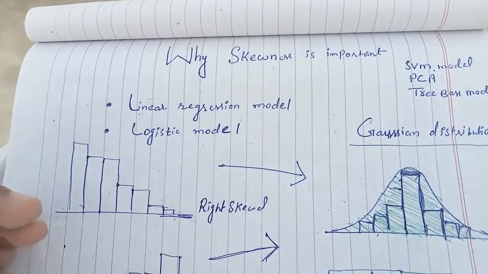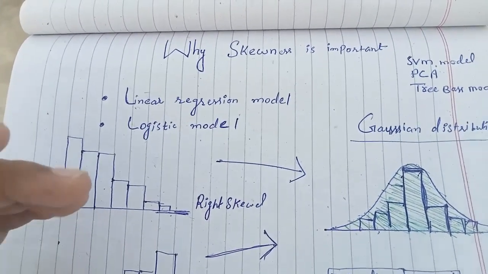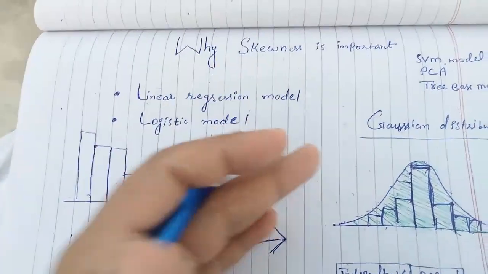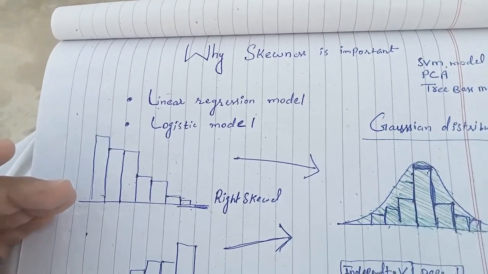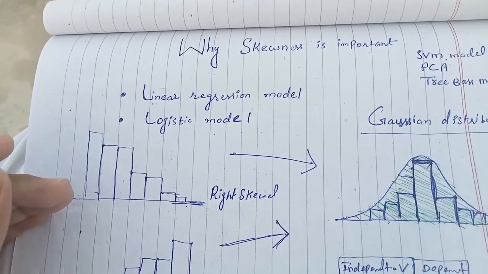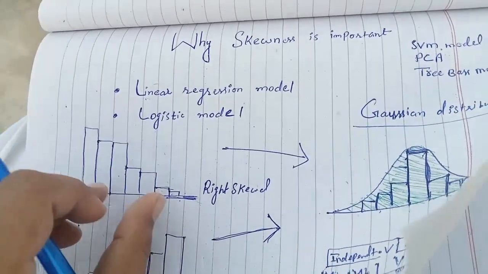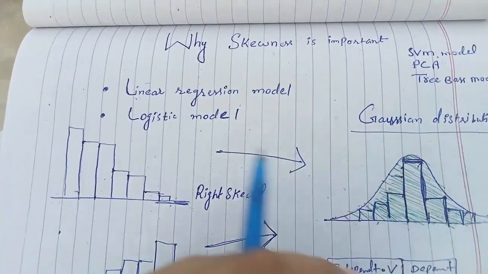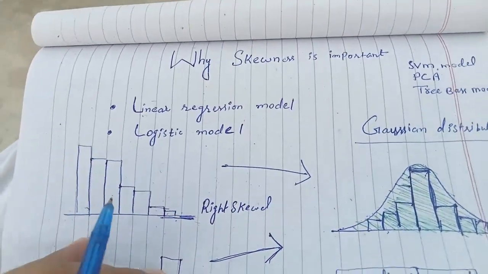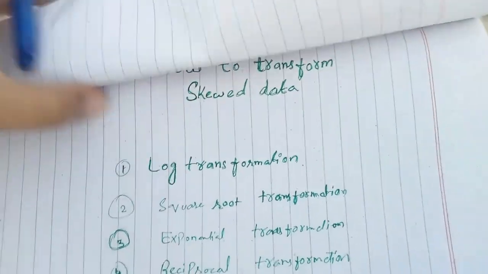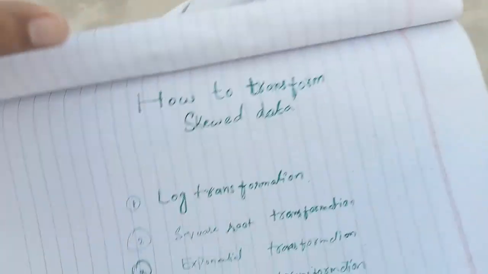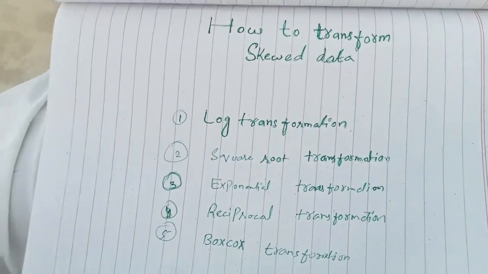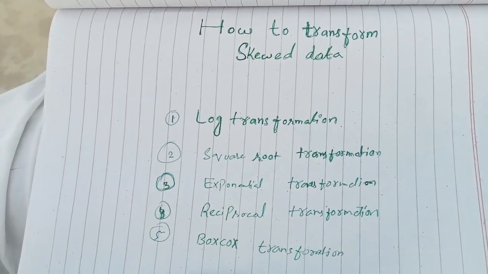So after plotting the data set on a histogram, we will be able to transform it. Now the question is, how can we transform this skewed data set to the normal distribution? There are basically some techniques that we use. How to transform a skewed data set?